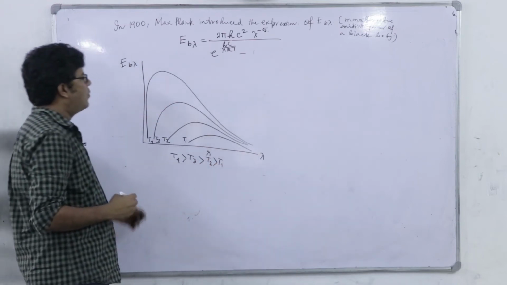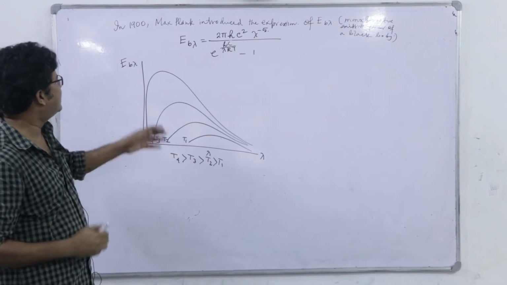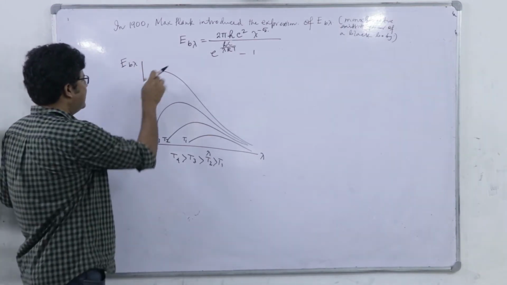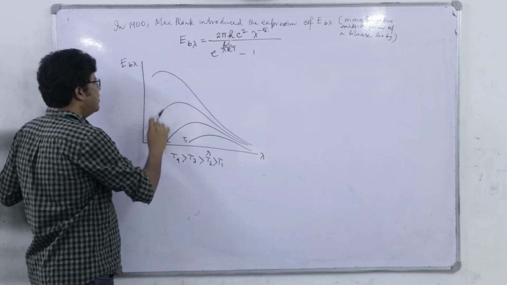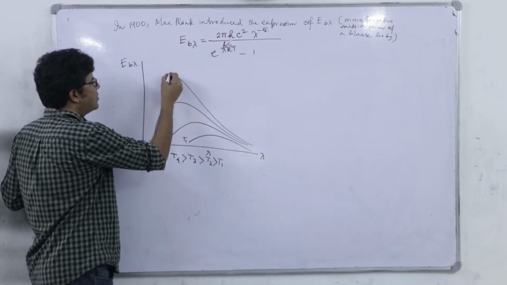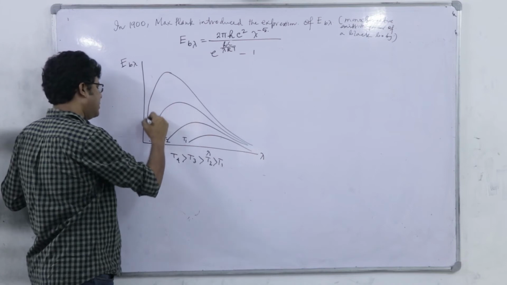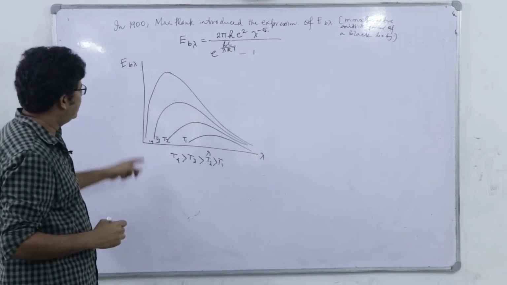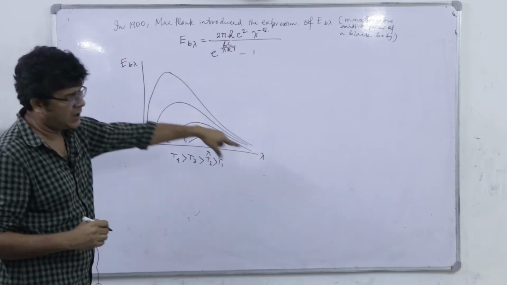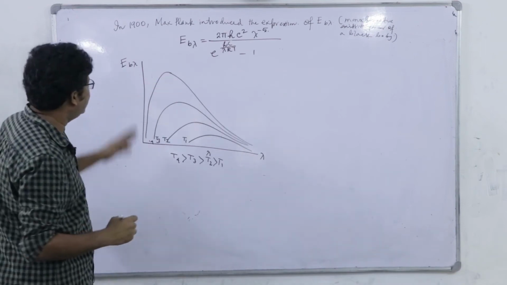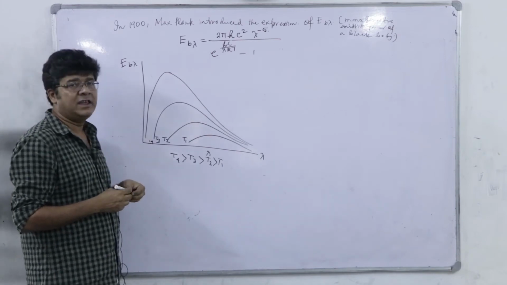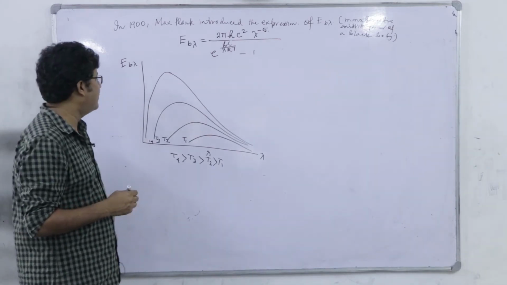So, what we observe is that it achieves a maxima as we go on increasing lambda from 0. It passes through a maxima and then again decays down. So, there is a region of lambda where E B lambda achieves its maximum value.